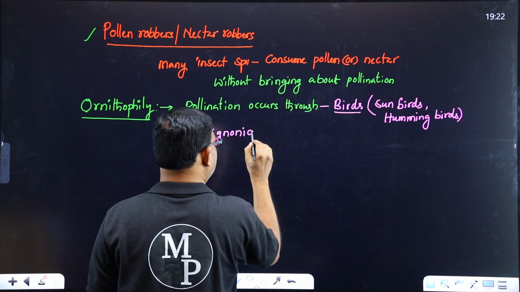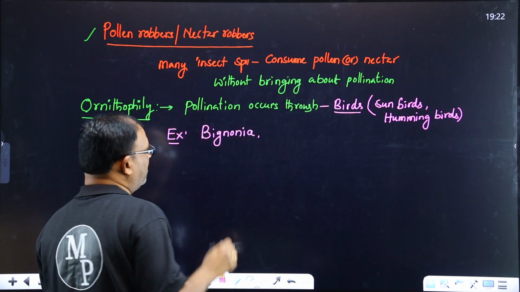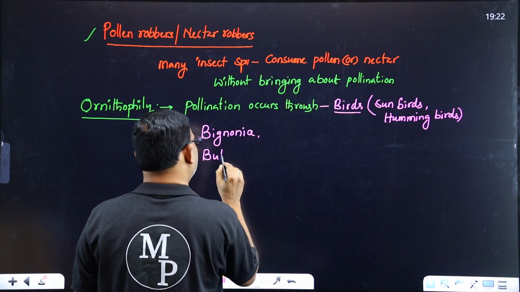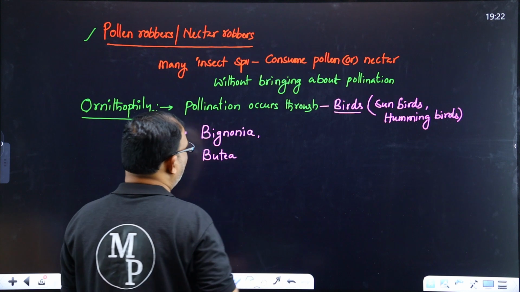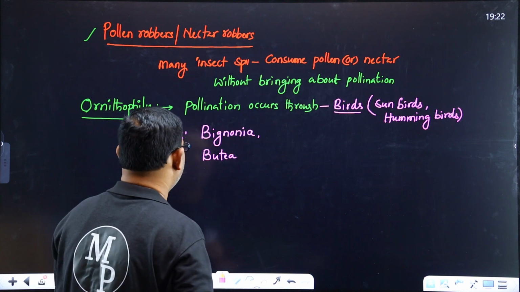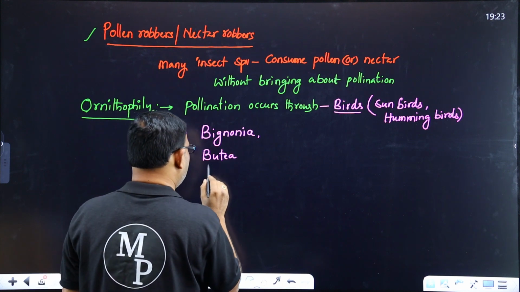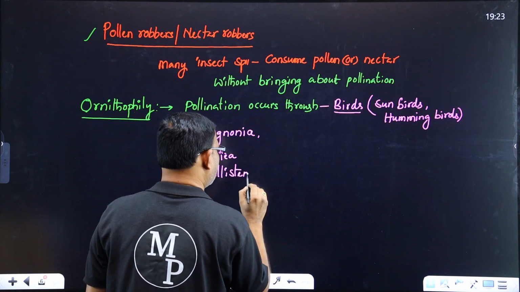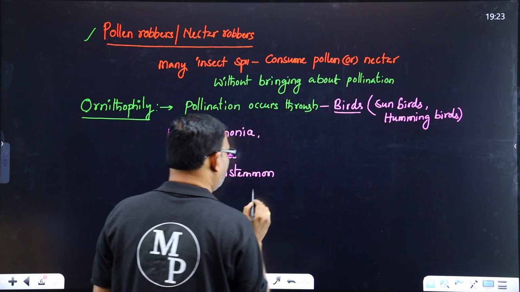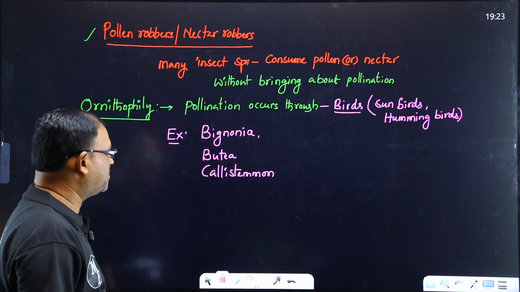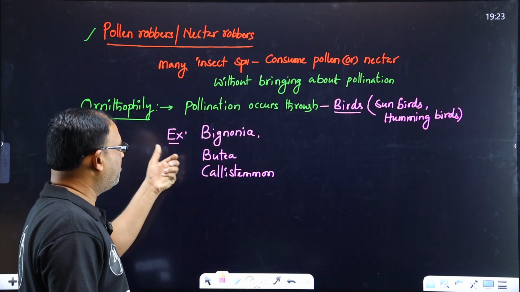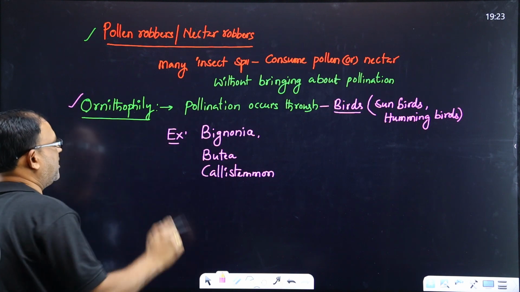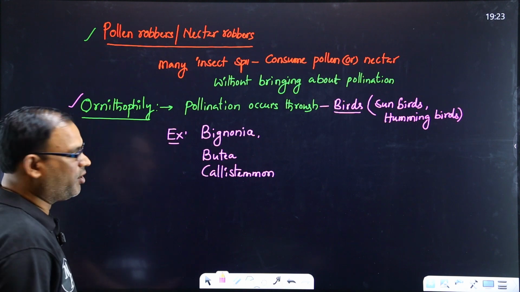Bignonia is not in NCERT, but note it down, it's important. Next, Butea monosperma. Then one more: Callistemon, the bottle brush plant. Bignonia, Butea, Callistemon show ornithophily. Important.